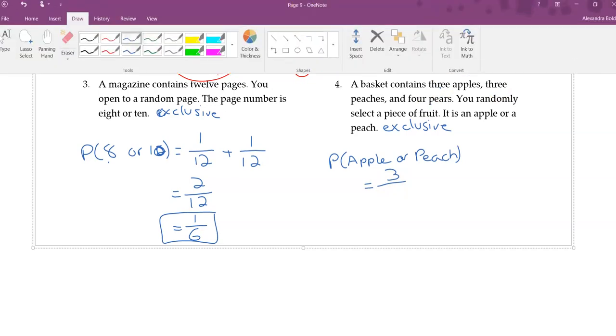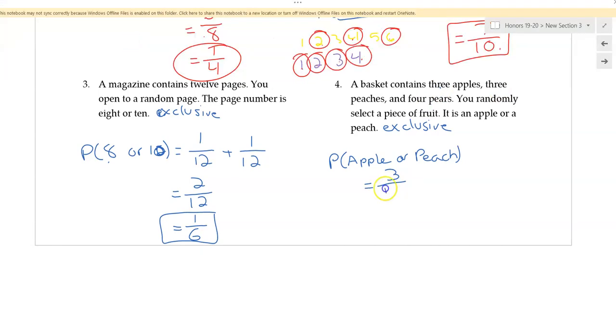So there's 3 apples out of 10. And the probability of a peach, there's also 3 peaches out of 10, which is 6 out of 10, just 3/5.